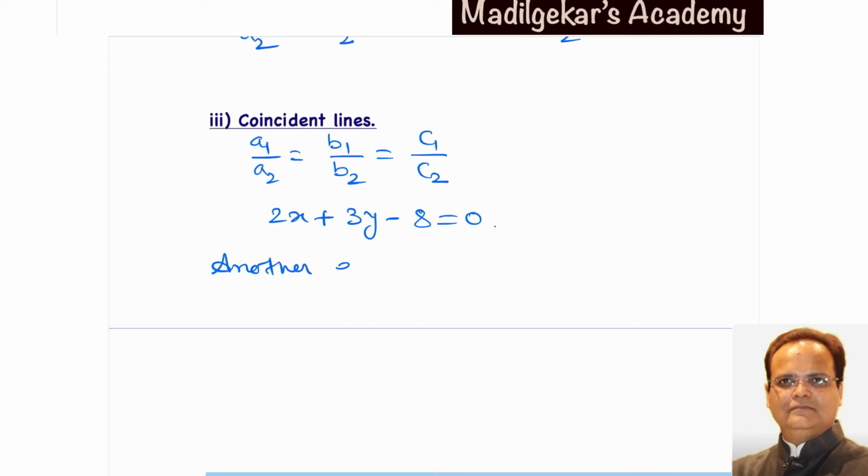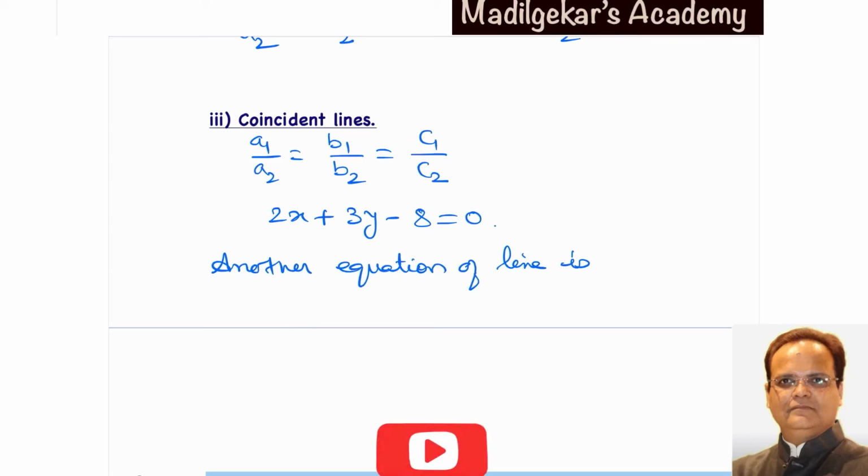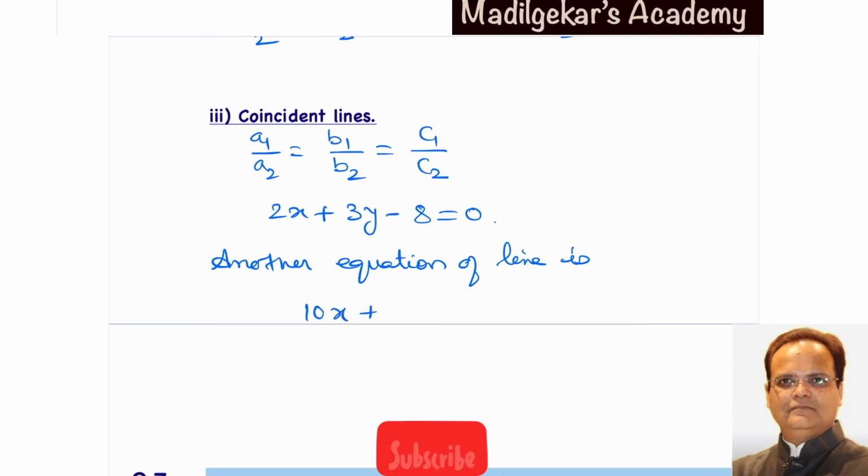Another equation of the line is, if we multiply by 5, 10x plus 65y minus 40 equals 0. So the condition for lines to be coincident is satisfied.